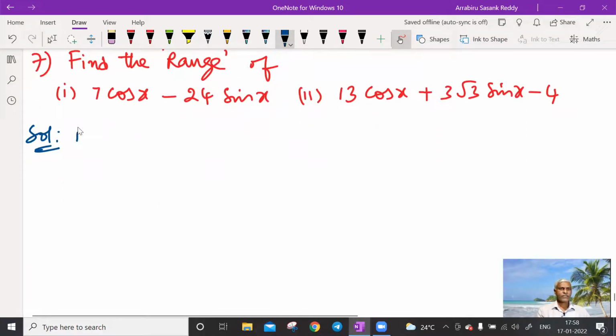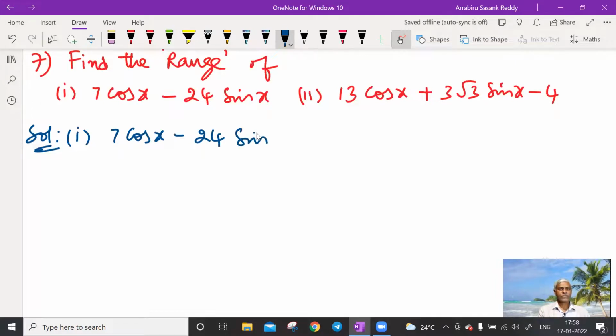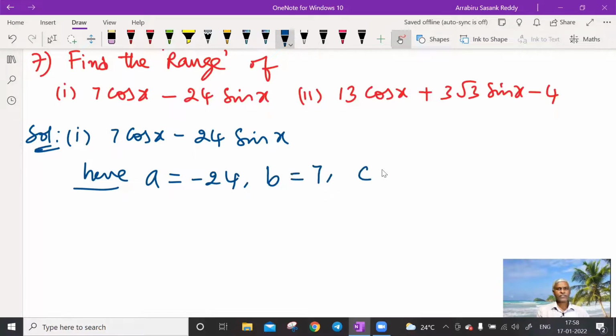The first bit, 7 cos x minus 24 sin x. Comparing this with a sin x plus b cos x, a value is -24, the sin x coefficient, b value is 7, c value is 0. Now let us find under root a square plus b square.